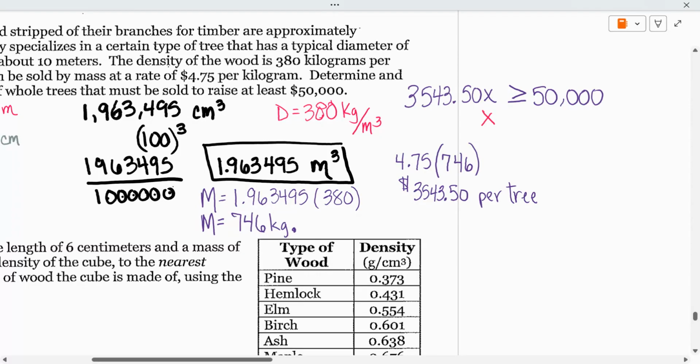Well, you just divide both. You divide 50,000 by, I'm listening. Go ahead. You can't have 0.11 of a tree, so you need to raise, yep, 15 trees.